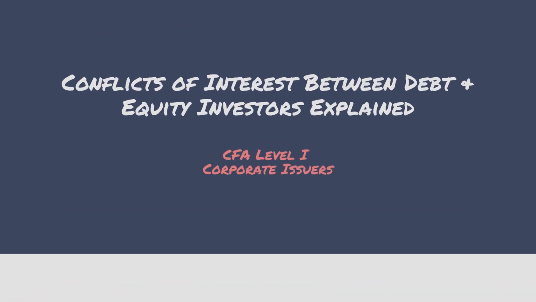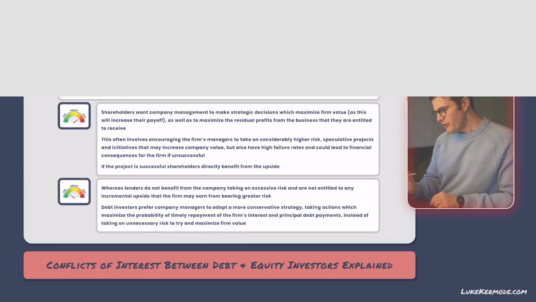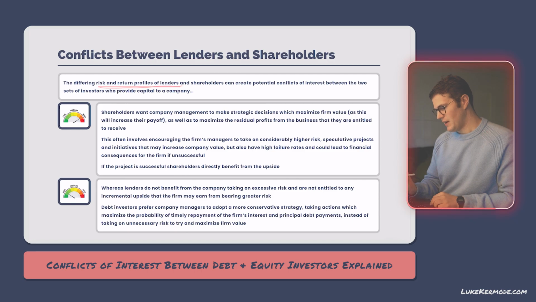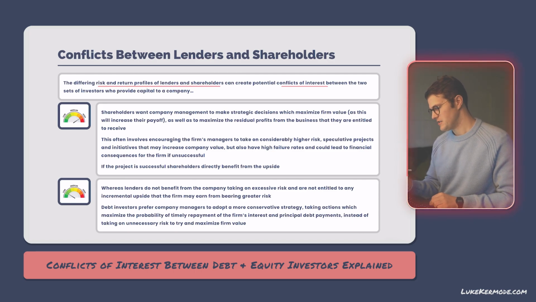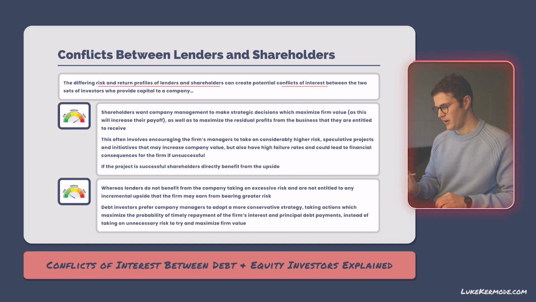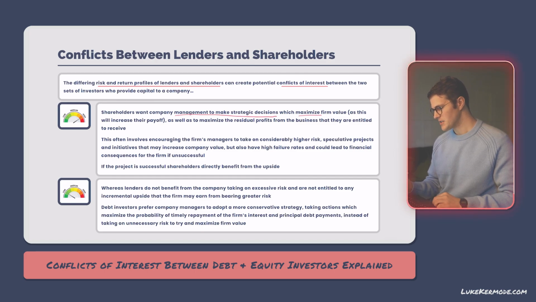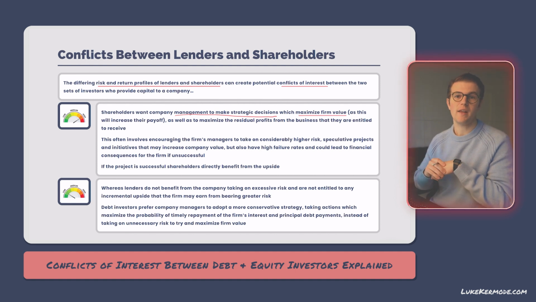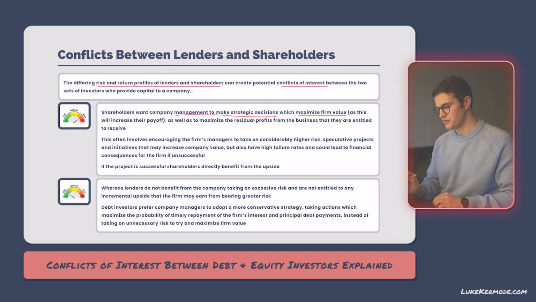Let's get into it. It's the differing risk and return profiles of lenders and shareholders that can create conflicts of interest between the two sets of capital providers. Shareholders want management to make strategic decisions which maximize company value, as an increase in company value will increase the shareholders' return.